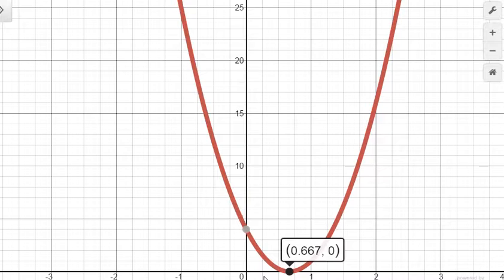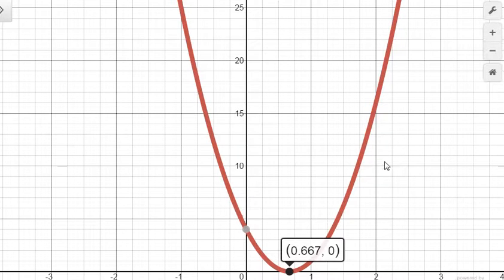So let's try one last one here, problem number 18. X times x minus 3 equals negative 10.